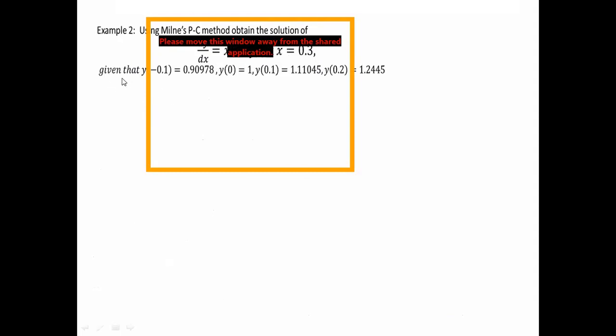To get practice, I shall take one more example, similar to this, but here the condition you have to note. Using Milne's predictor corrector method, solve dy by dx is equal to x square plus y square at x is equal to 0.3. They ask to find a solution at 0.3, but the values given are y of minus 0.1 is equal to some value, y of 0 is equal to 1, y of 0.1 is equal to this much, y of 0.2 is equal to this one.